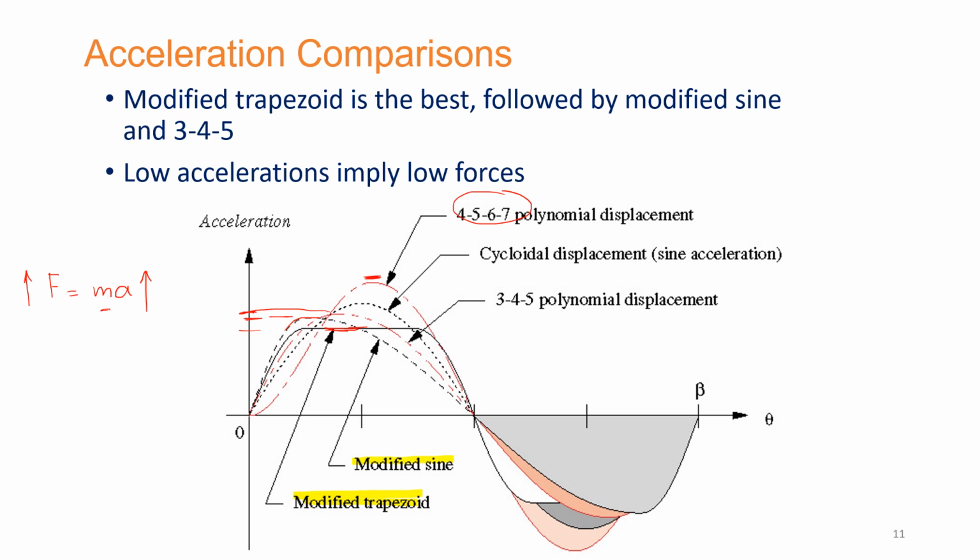So you can see readily that observation is validated over here as well. So not only does this acceleration comparison give you a comparison, but it also gives you a realization of what is an unwanted or less than ideal situation that needs to be taken care of for a particular selected motion profile.